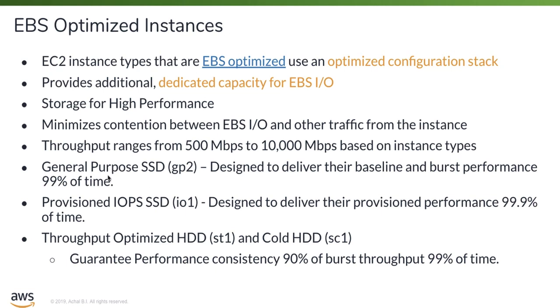For general purpose SSD, it is designed to deliver the baseline and burst performance 99% of the time, and the same goes with provisioned IOPS and throughput. I have added a link here. It gives you the maximum performance and the baseline performance. Please go and check that as well.